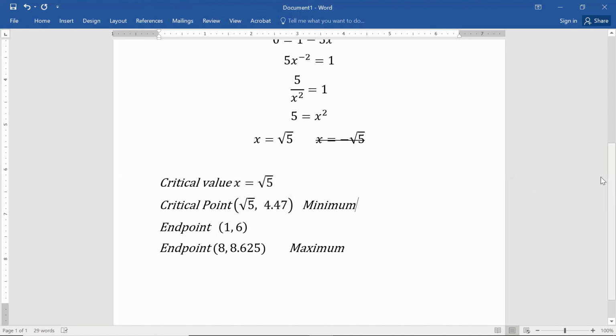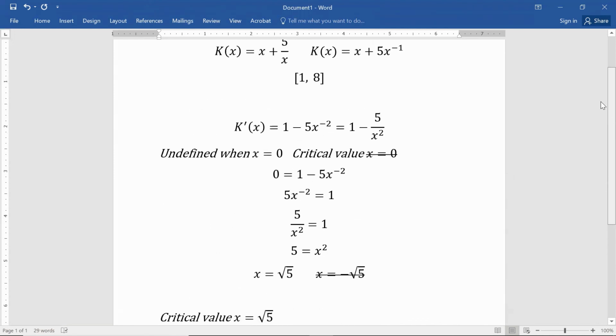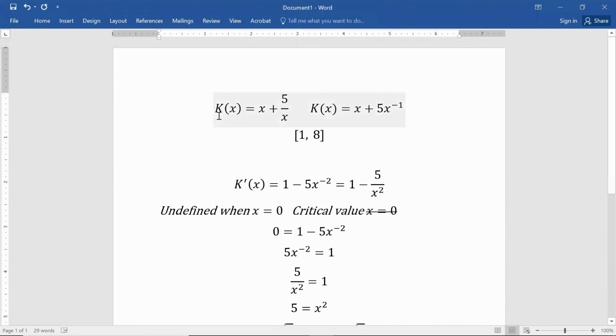So there we are. We found the maximum and minimum of this function on the interval from 1 to 8. And that's what we're going to do in this section.